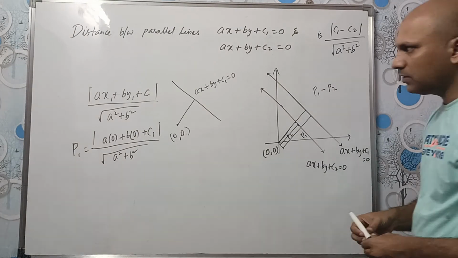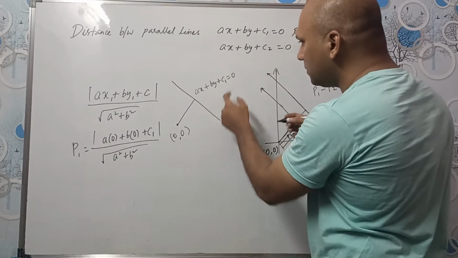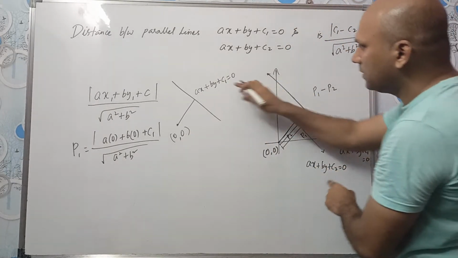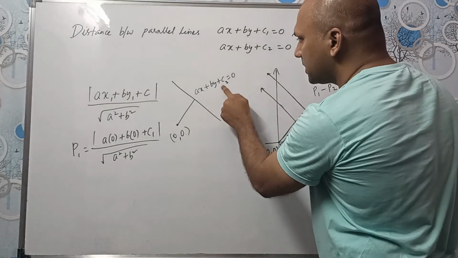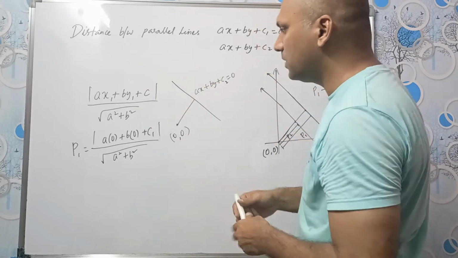Can we find P2 now? Yes. Origin is the same, right? (0, 0). Only now the line is ax plus by plus c2 is equal to 0. Let us substitute these values in this formula. We'll get P2.